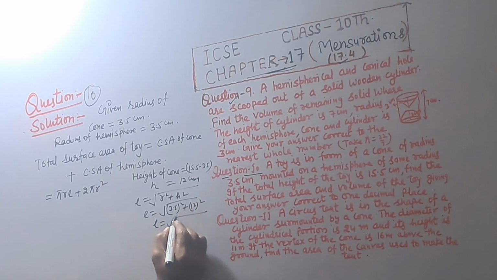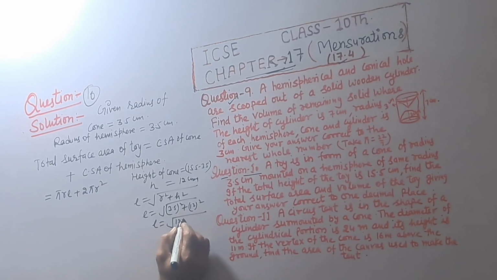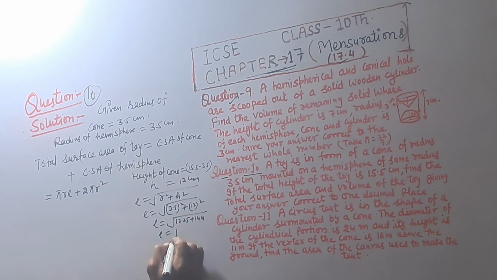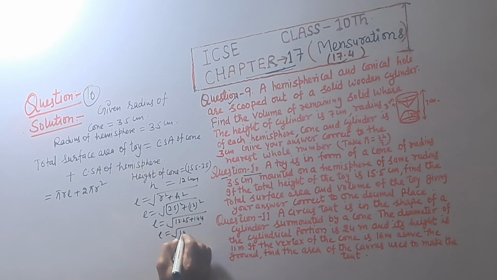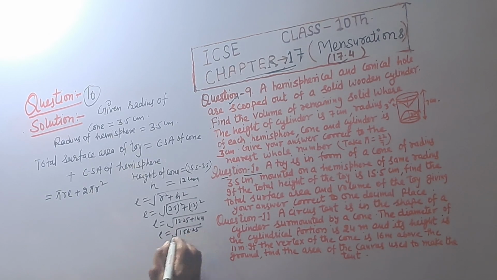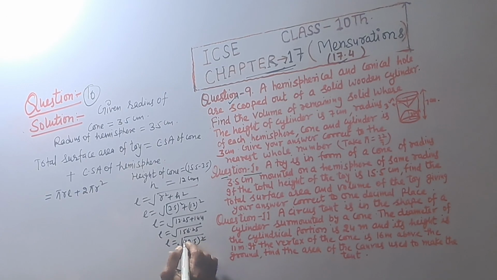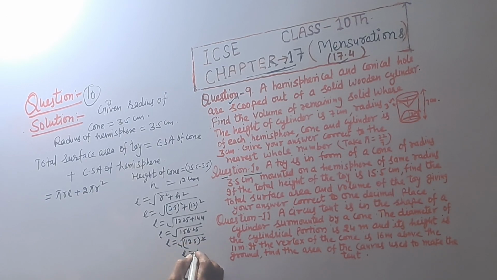L is equal to square root of 12.25 plus 144. L is equal to square root of 156.25. Slant height is equal to, that is, 12.5 raised to power 2. The square root cancels and slant height is 12.5.